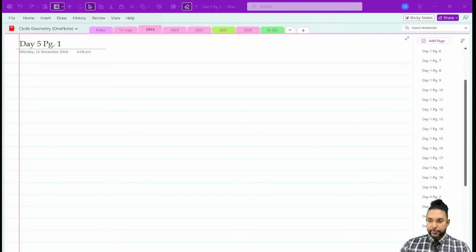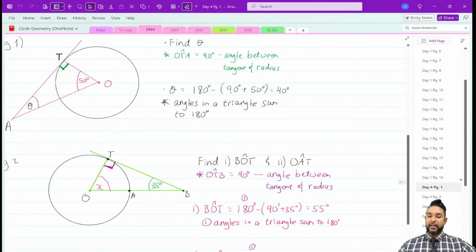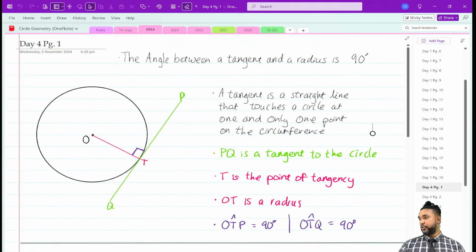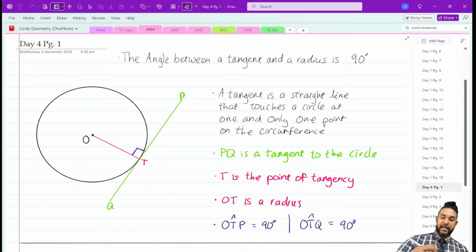All right, so folks, we are continuing our little exploration of circle geometry or circle theorems, depending on who you ask, right? When we met last on Wednesday, we learned this rule. This rule says that the angle between a tangent and a radius at the point of tangency is 90 degrees.